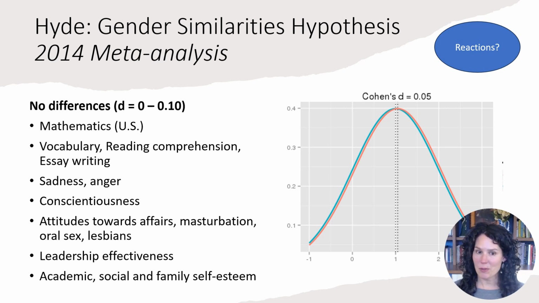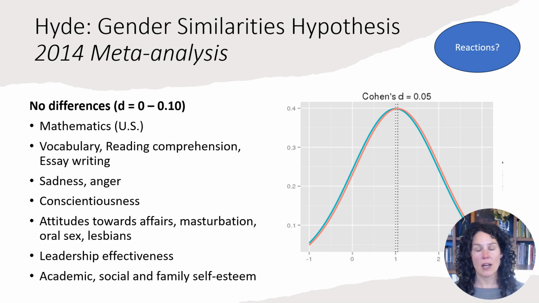So smaller numbers of people who are really bad at math, smaller numbers of people who are really excellent at math, and most of us center around the average, or the mean. That's what the normal curve means, right? So that's why there's the greatest number of people in the middle, and the average is right there at the top. So this is an example of what a no difference finding looks like. It's a Cohen's d of 0.05. And so no differences are Cohen's d between 0 and 0.10.